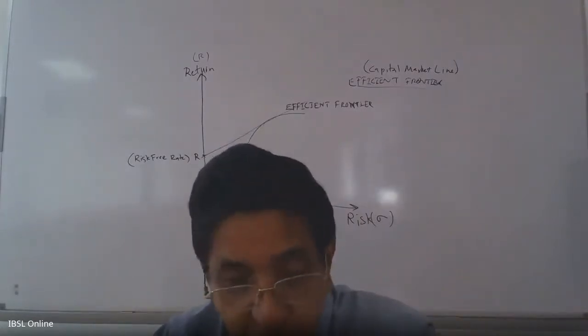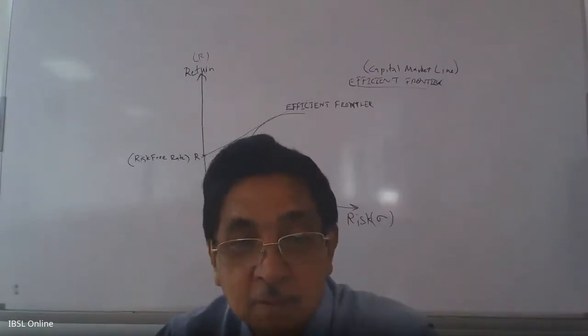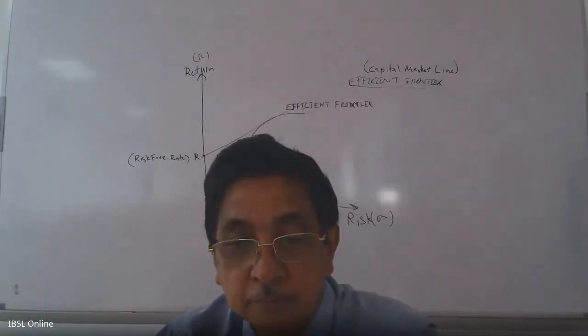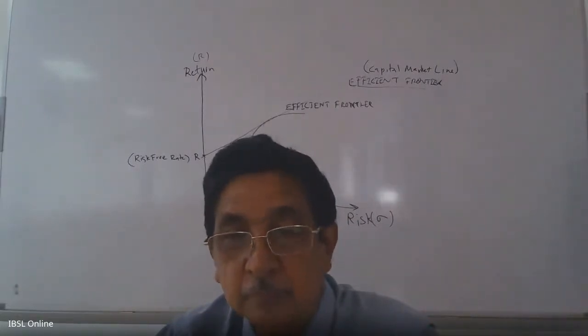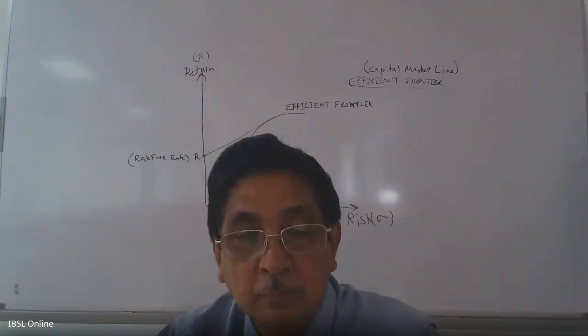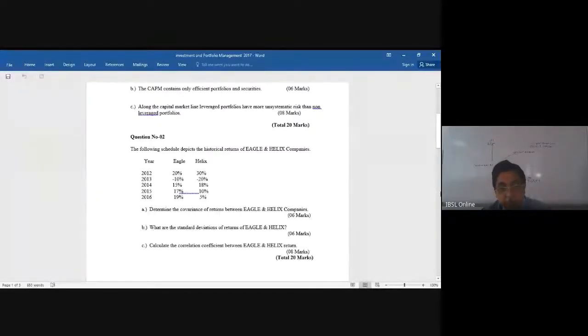What is the mean value for Eagle and what is the mean value for Helix? Before doing the covariance calculations, you need to first get the mean value for Eagle and mean value for Helix.